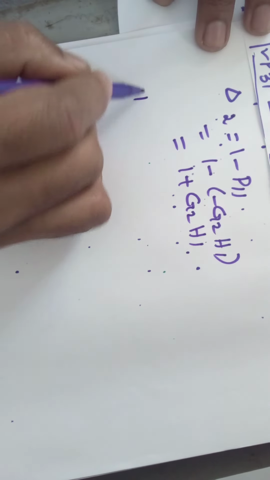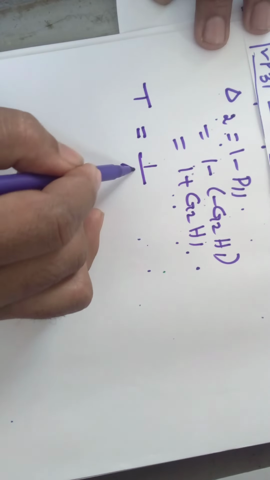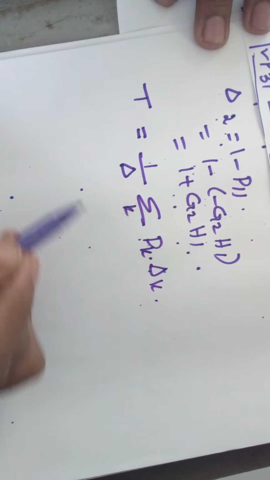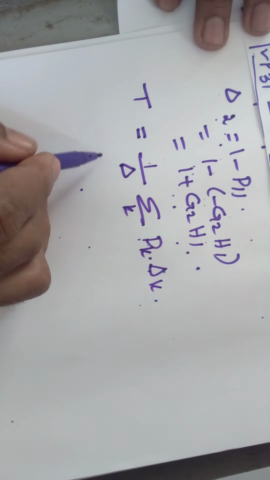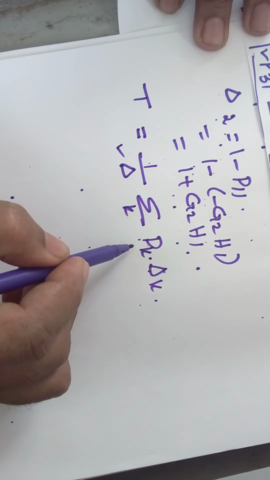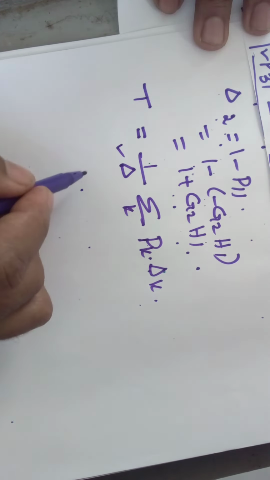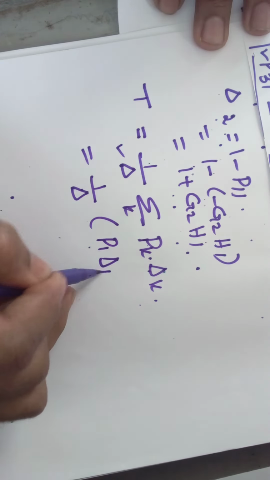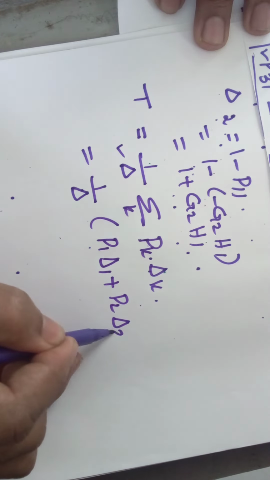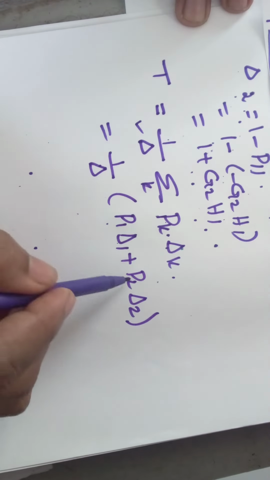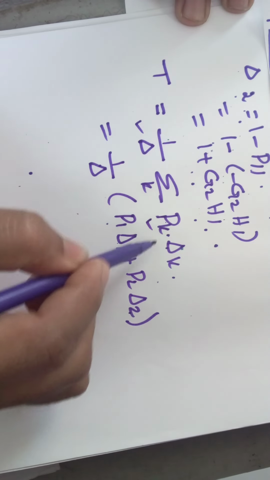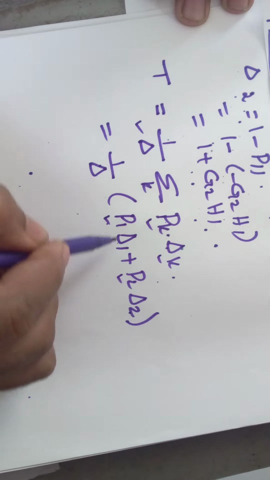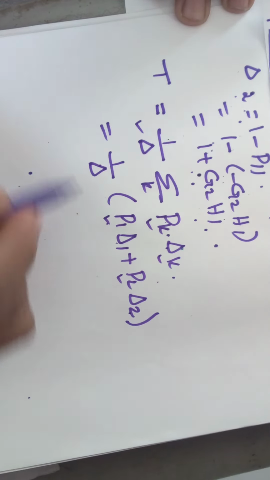Now you need to find the transfer function T, which is equal to 1 by delta into the summation over k of Pk into delta k. Now you have calculated delta and Pk delta k, so this is equal to 1 by delta into P1 delta 1 plus P2 delta 2, understood? This is forward path gain 1, this is forward path gain 2. Delta 1 and delta 2 you have calculated here. Now you substitute these values.